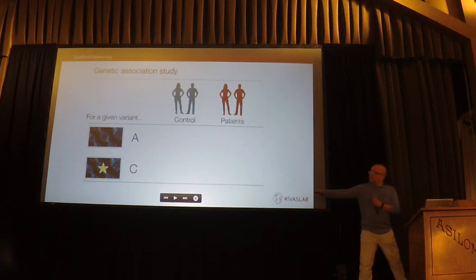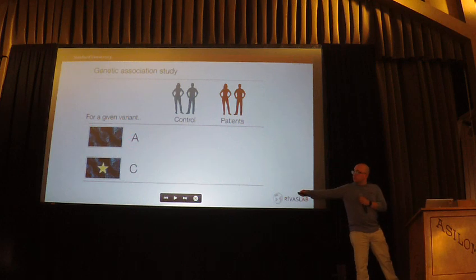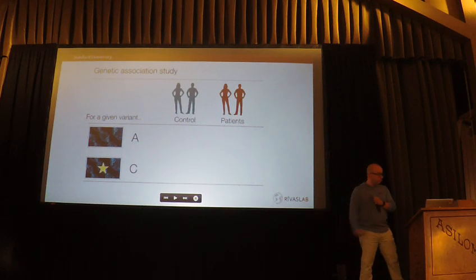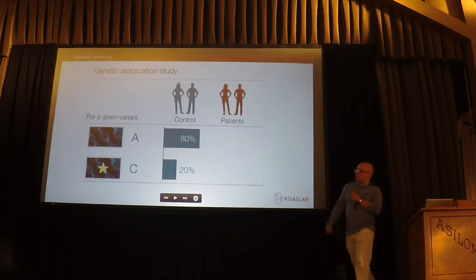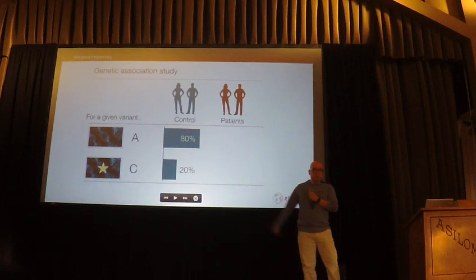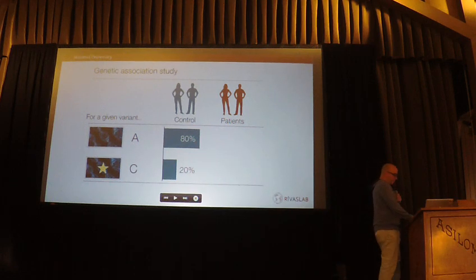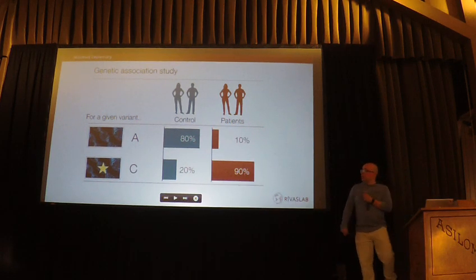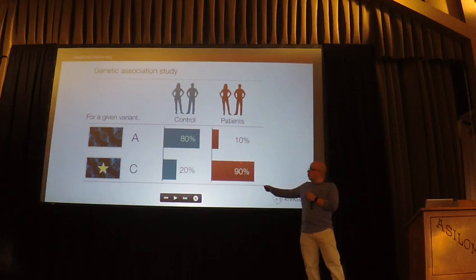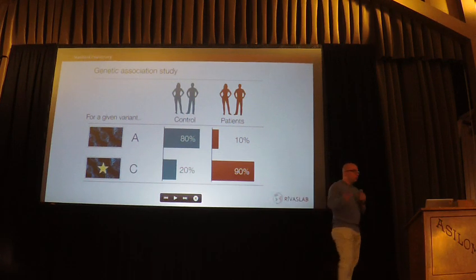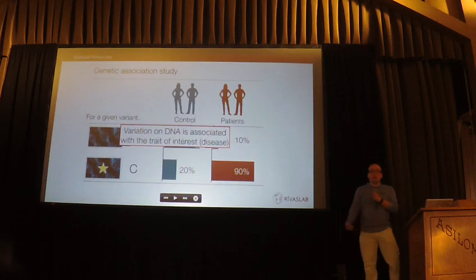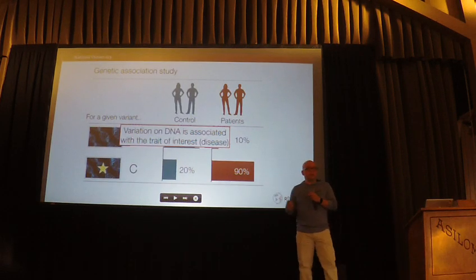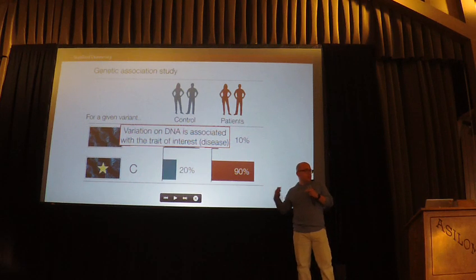Then for a given genetic variant, assume this is a single genetic variant, the reference allele is A and the mutation is C. You compare the frequency of that genetic variant in controls, so it's a simple 2x2 table. If you see it overrepresented in patients, then you'd have strong evidence of it being a genetic variant that associates with the trait of interest, in this context, the disease.